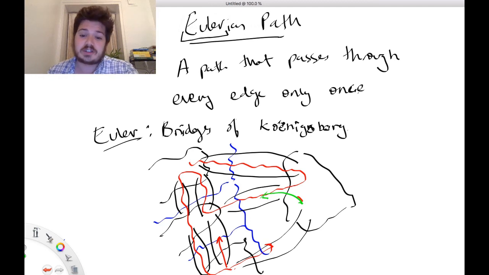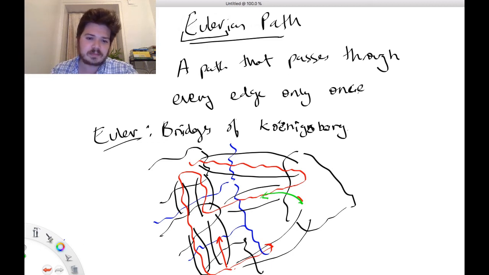So maybe I just started and did my path wrong. So this is what Euler was thinking about. Is there a way to cross all these bridges, but only cross each bridge once? So this really developed graph theory.